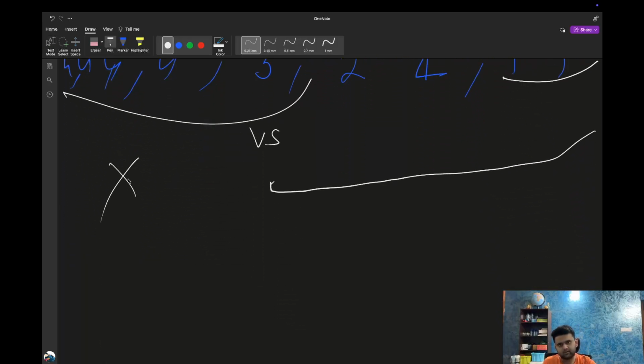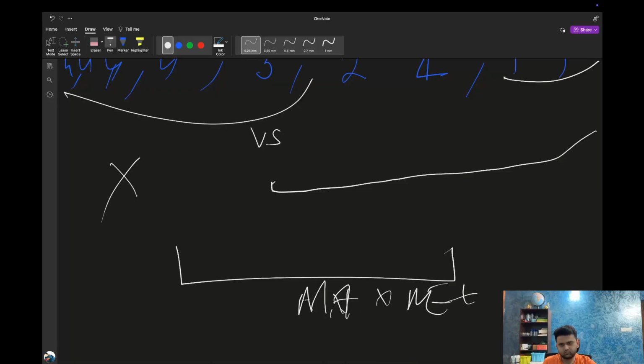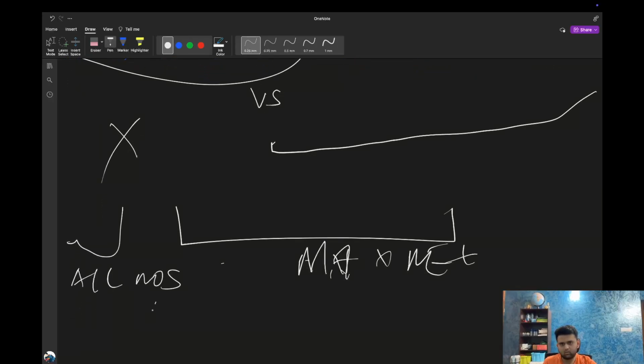Find the max mix. So this is the max mix. All the numbers here are greater than or equal to the max mix.